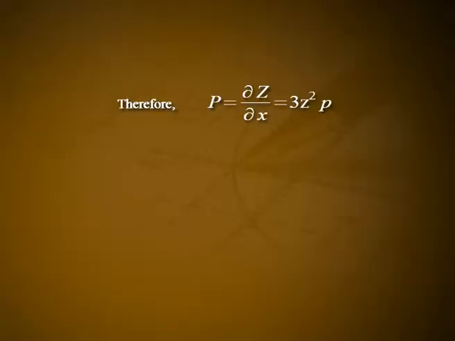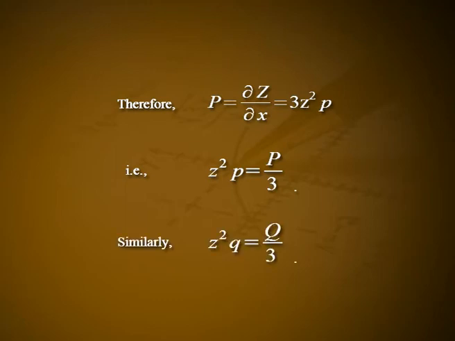Hence, we use the transformation capital Z equals z cube. Therefore, capital P equals dou capital Z by dou x, which is equal to 3z square into p. That is, z square into p equals capital P divided by 3. Similarly, z square into q equals capital Q divided by 3.